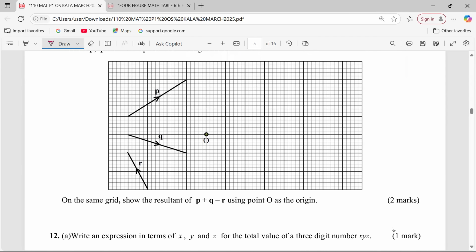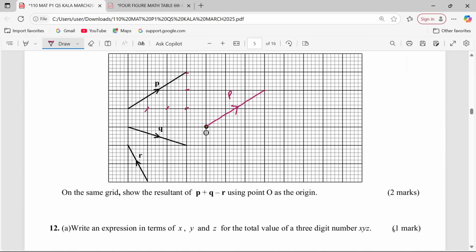So P is supposed to occupy 3 units, 1, 2, 3 horizontally, and 2 upwards, 1, 2. So P shall move this way without changing the size of P. So that is vector P. It should be having an arrow. That is vector P at the origin.